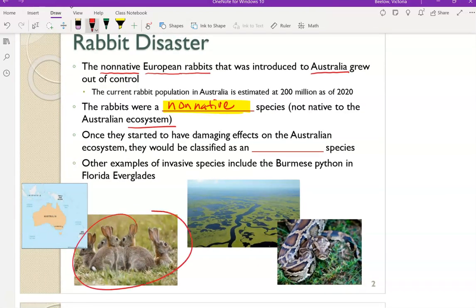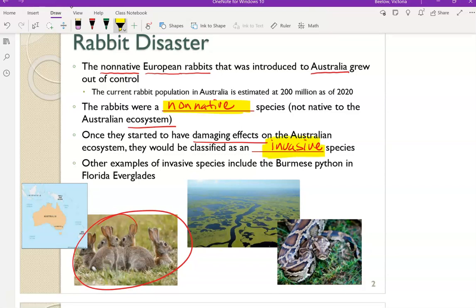They were reproducing rapidly and started to take over. They would damage the ecosystem, eating and consuming a lot of the food there. And when a non-native species starts to have a large negative impact on the ecosystem, it then becomes what we call an invasive species.